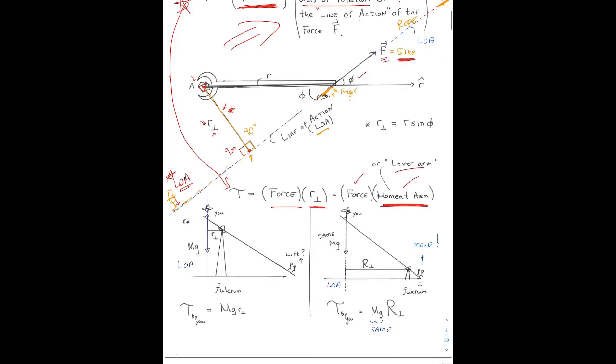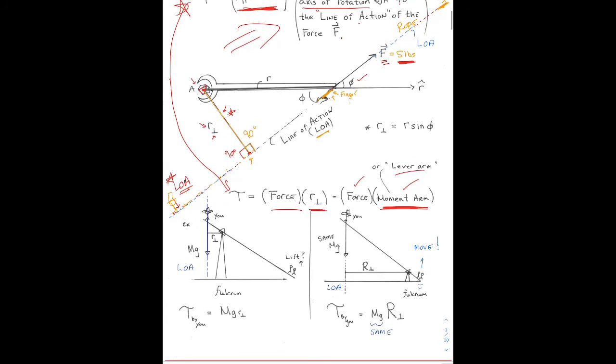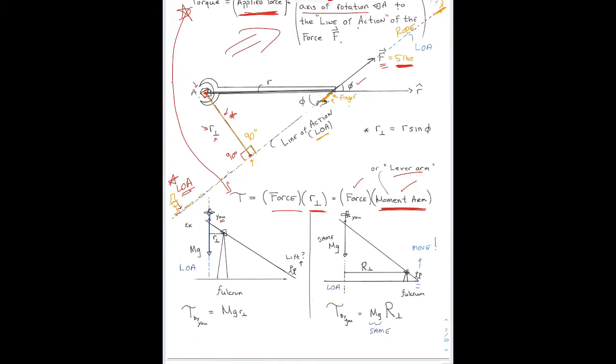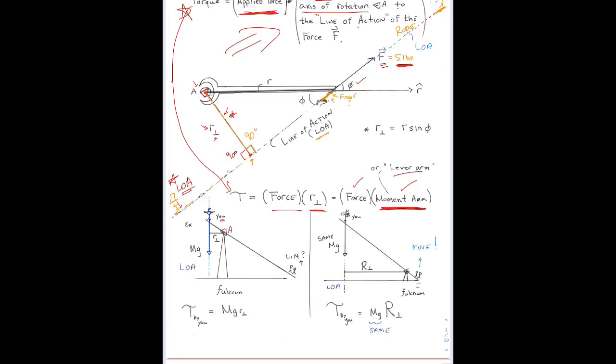So as an example here, let's say here's you, and you're trying to lift these people, like on a seesaw. So the fulcrum, the support point, the pivot point, that's my axis A, and you're trying to lift these people up. So you're exerting a torque. So the torque exerted by you about axis A, remember, torque is force times moment arm. So there's your force, your weight, mg.